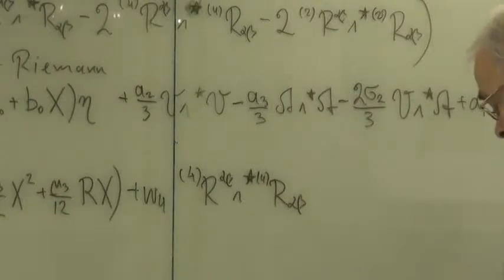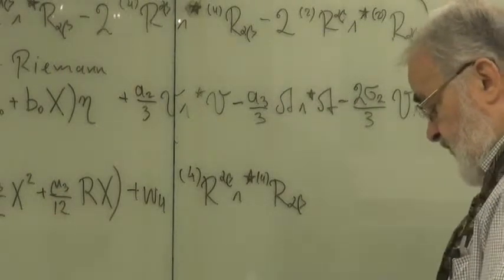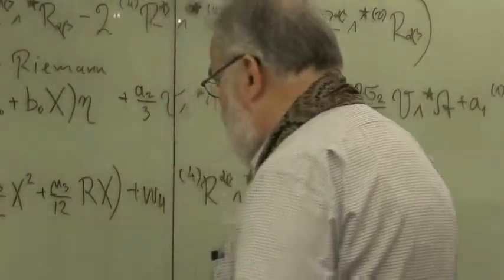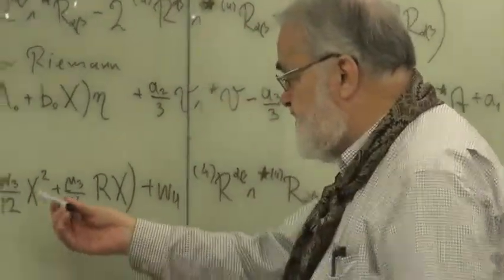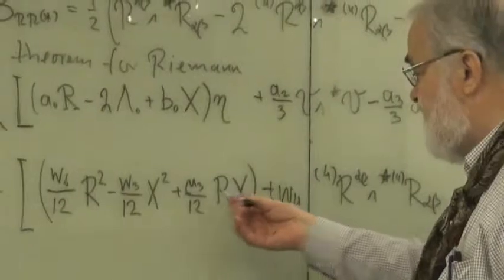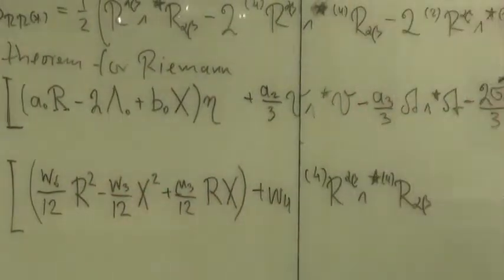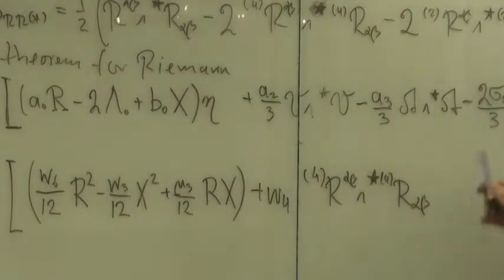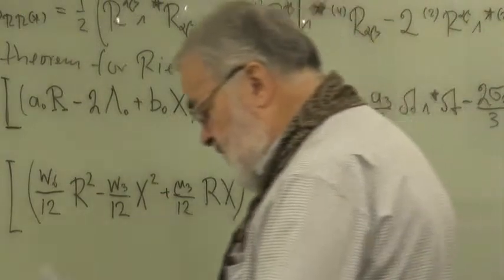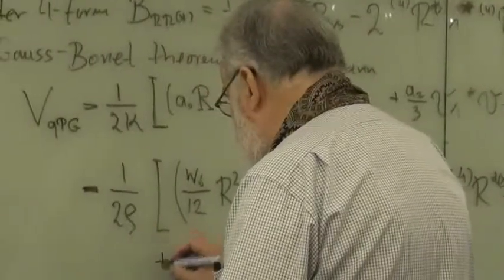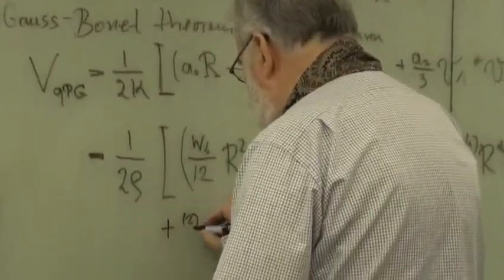This is already, and now we have a couple of pieces which only appear in spaces with torsion. If you have no torsion, of course, this piece vanishes, but this piece, which Yang used, is there, and this piece is there.